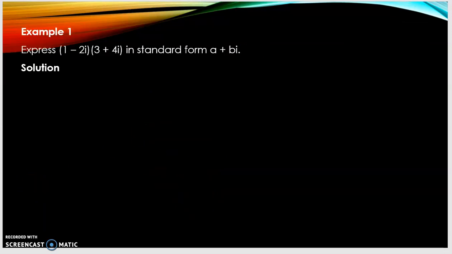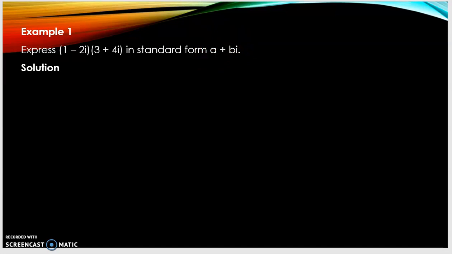So let's look at one example. Express 1 minus 2i times 3 plus 4i in standard form a plus bi. This means that we wish to transform this into standard form a plus bi.